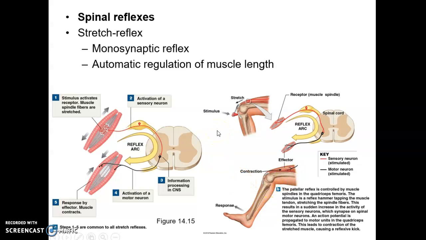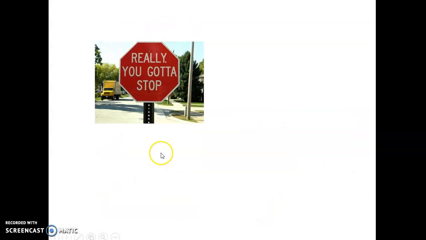Okay. Again, it's an example of what type of reflex? Only 2 neurons, so monosynaptic. The patellar knee-jerk reflex is of this type, a monosynaptic stretch reflex. All right, that's it for this chapter.